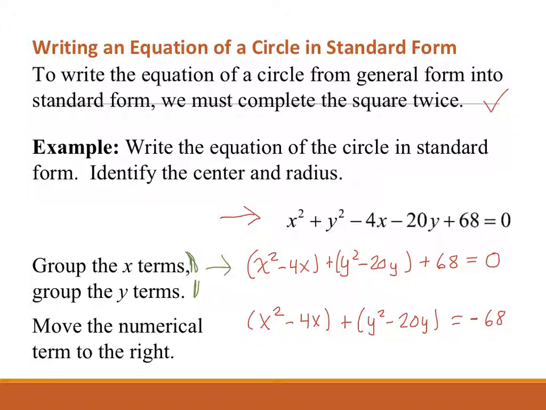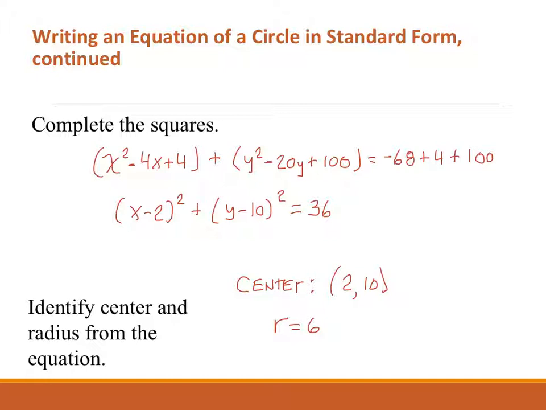Then we moved the numerical answer over. The 68 now becomes a minus 68. We have the two similar terms, x squared minus 4x in parentheses plus y squared minus 20y in parentheses is equal to a negative 68. Now we'll go to the next page to finish this.